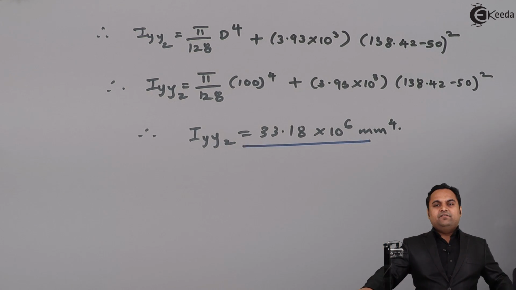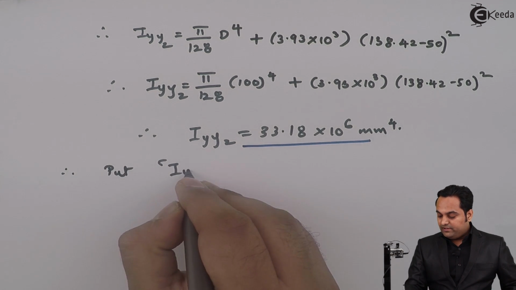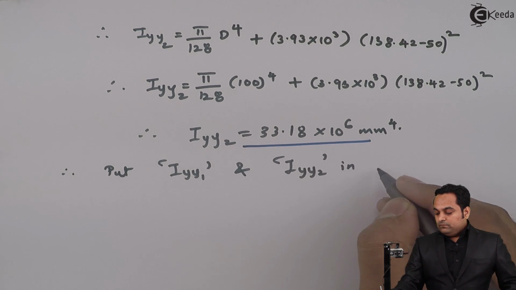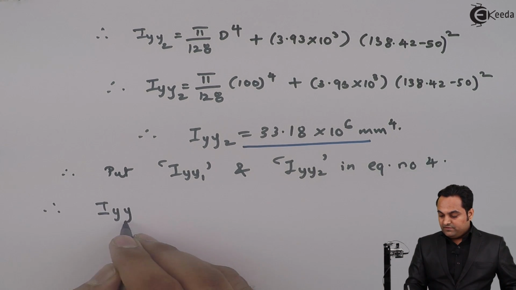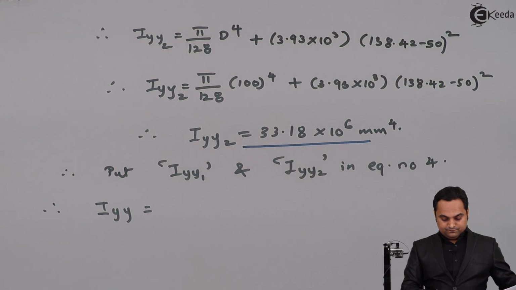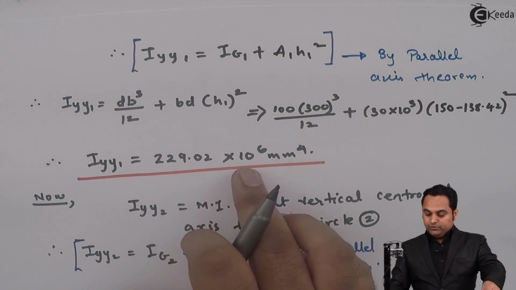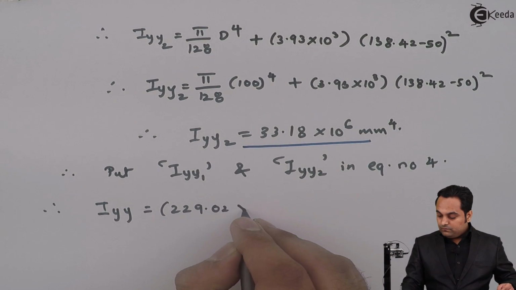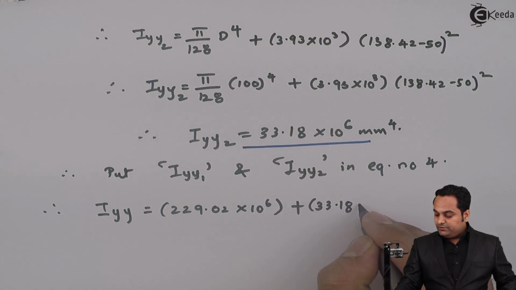So once we have got Iyy1 and Iyy2, put Iyy1 and Iyy2 in equation number 4. So here we have Iyy is equal to Iyy1, it was 229.02 into 10 raised to 6 plus Iyy2, 33.18 into 10 raised to 6.